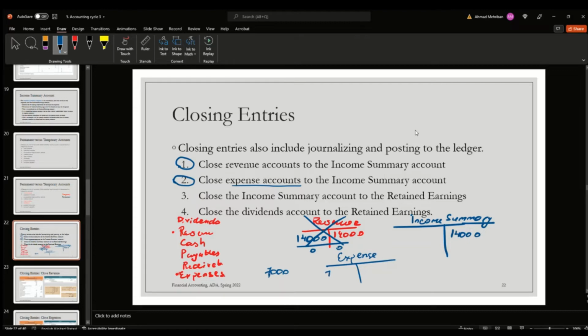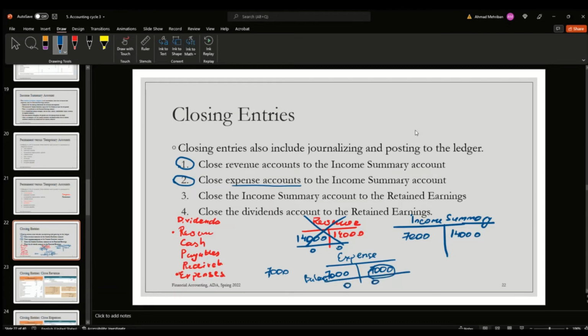So let's say the total expenses were 7,000. This is our original balance. Now, to close this account, I will enter 7,000 on the credit side, and the opposing entry will be to the income summary, 7,000 on the debit side of the income summary. Again, the expense account is down to 0.